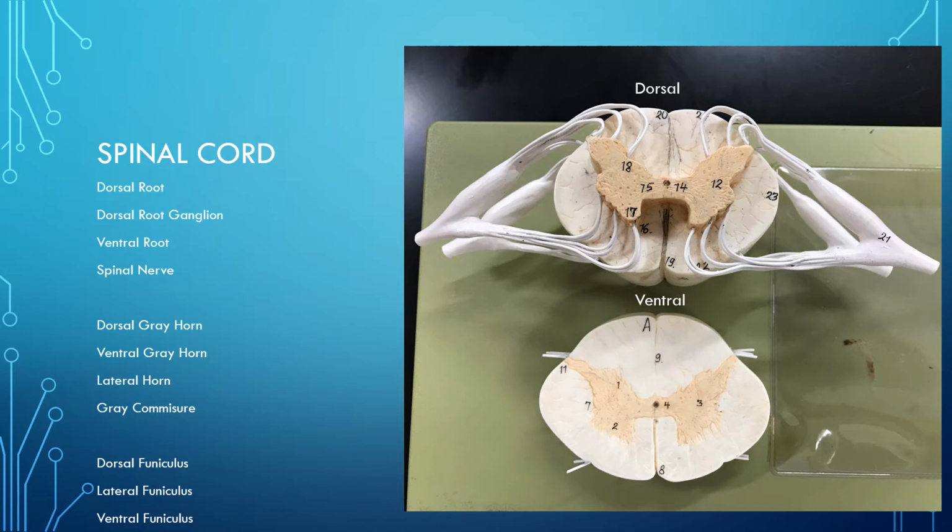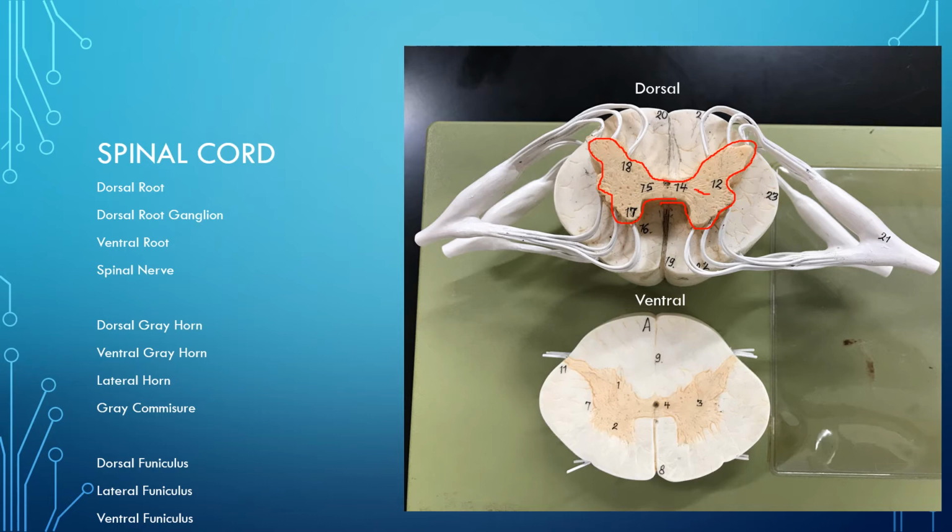Let's start with the gray matter. The gray matter in the spinal cord in this picture is kind of represented by this off-white brownish color here. Let me highlight it. This is your gray matter. So the gray matter in the spinal cord forms 4 columns, and these columns are called horns.